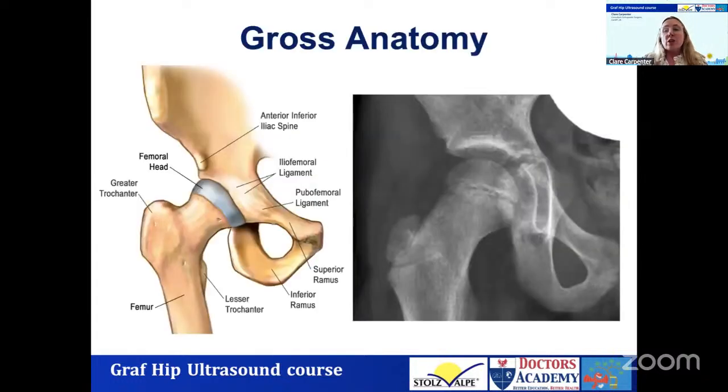So we know in gross anatomy that the immature and developing femoral head needs to be in a concentrically placed acetabulum, and the location of the femoral head inside the acetabulum is absolutely crucial for normal development.